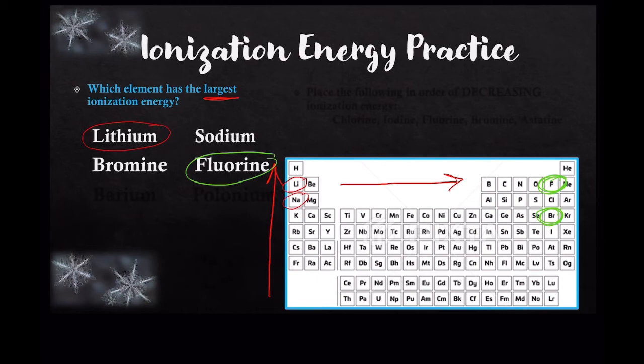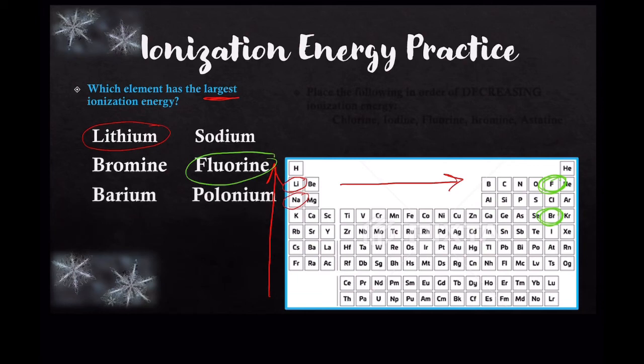Fluorine has a nucleus that is closer to the valence electrons. Its nucleus then exerts a stronger attractive force on those valence electrons, pulling them closer in. Bromine's valence electrons are on the 4th energy level. It's in period 4. So the nucleus is unable to exert as strong of a force of attraction on those outer electrons.